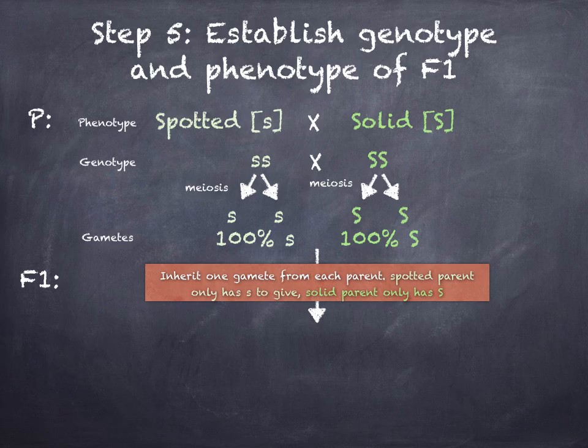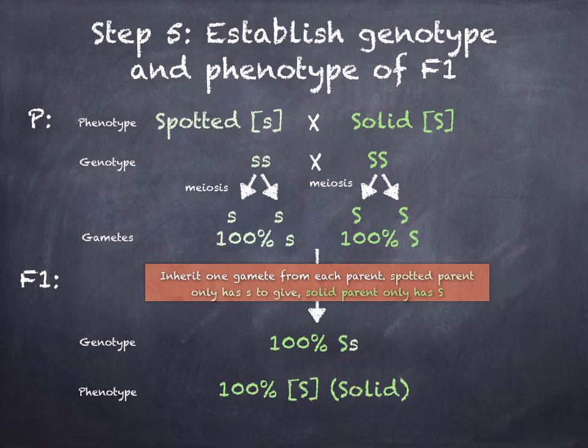The spotted parent can only give little s, and the solid parent can only give big S. As a result, the genotype of the F1 will be 100% carrying one big S and one small s, because every cell of these F1 individuals will receive half their genetic content from the first parent's gamete and the second half from the second parent's gamete. In terms of phenotype, 100% of the F1 will be solid, so you can indicate that in brackets with a big S.